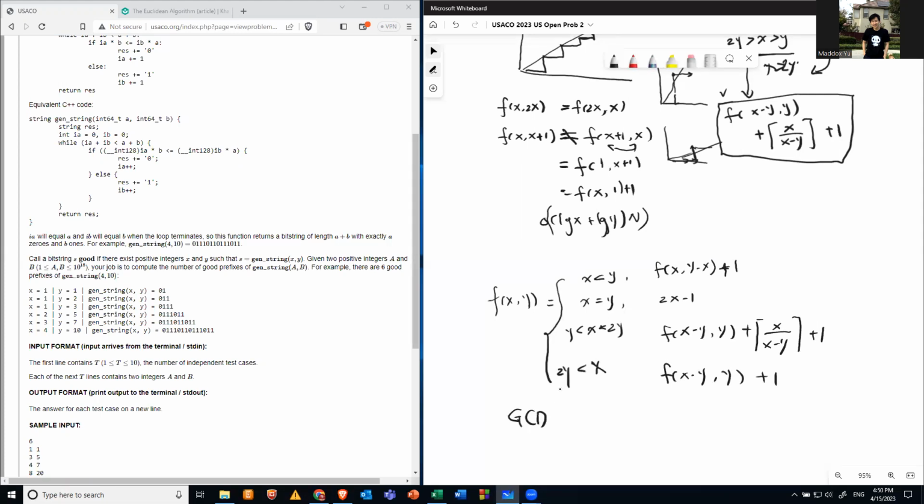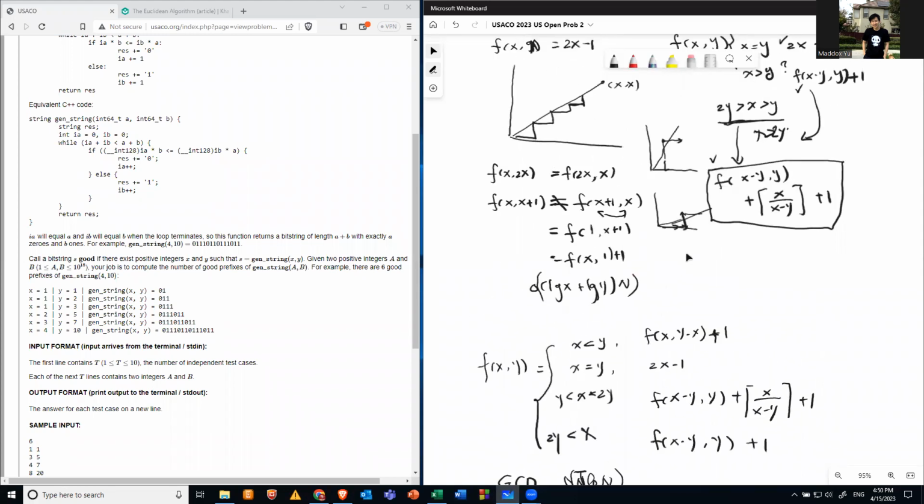Then this can be done in standard GCD, with t log n complexity. So that's basically the answer for this question. It takes a while to derive this.